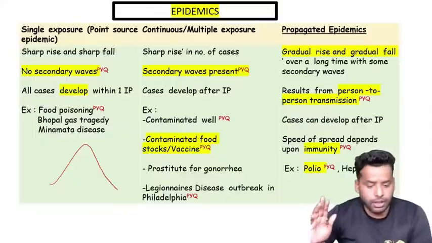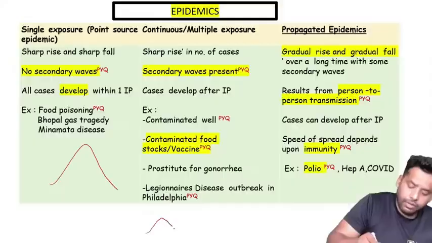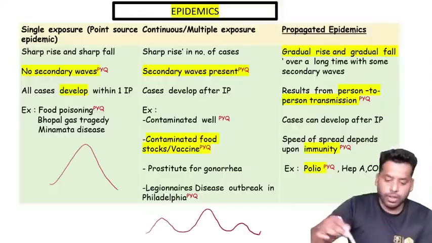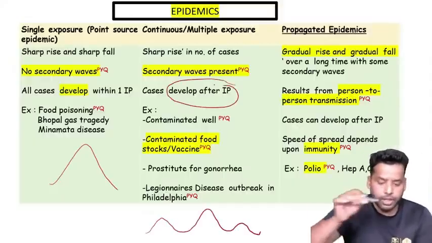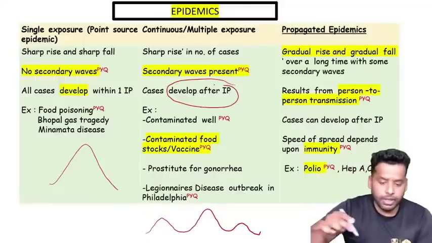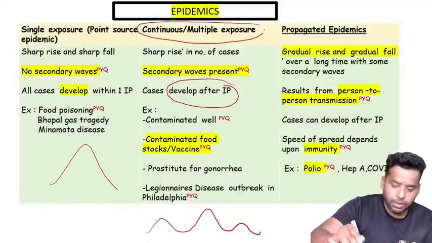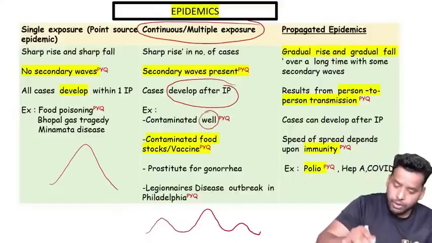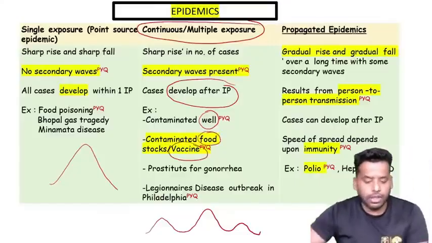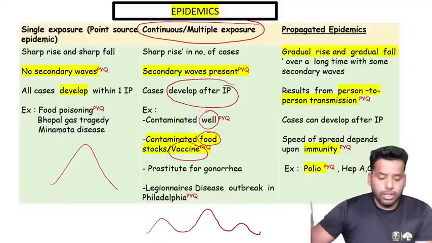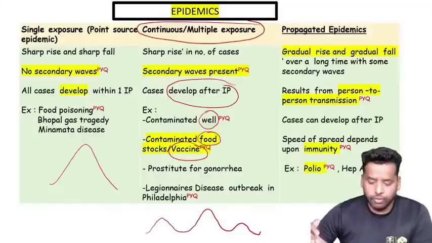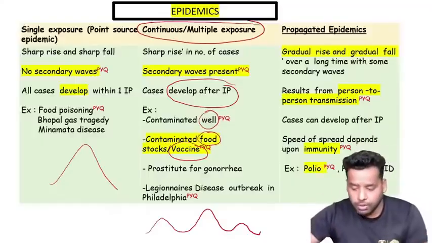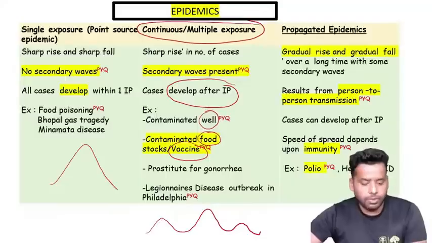But if the source is continuous, again and again you are getting waves, cases develop after one incubation period. Secondary waves present means there is something hidden. The source is hidden. Contaminated well, contaminated food stocks or vaccine stocks. If the question comes like this, contaminated grains you are keeping in the society, and giving every week through the public distribution system, multiple exposure epidemics.